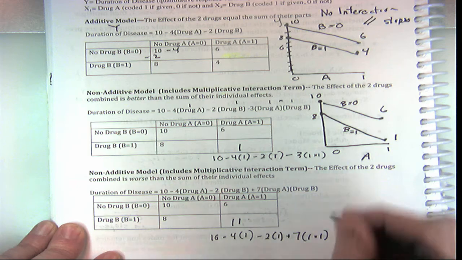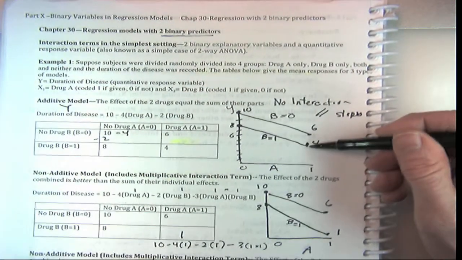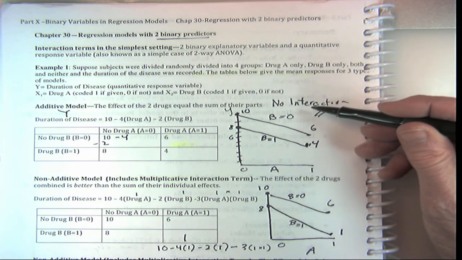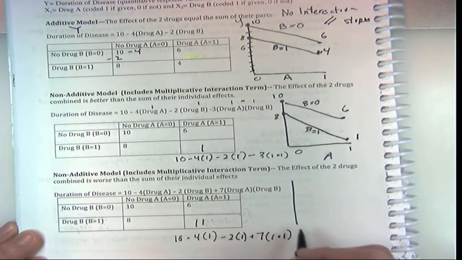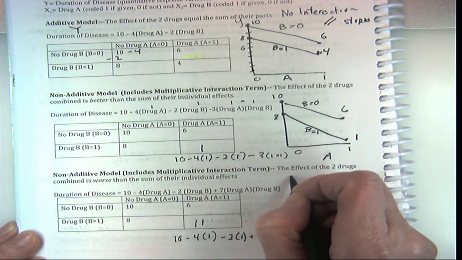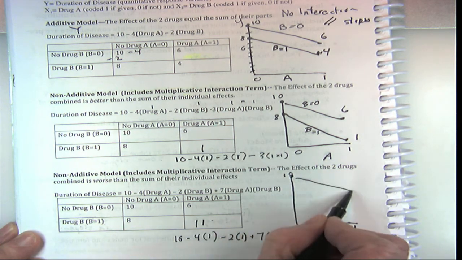Okay? So we'll draw the picture. We'll have non-parallel slopes, and when both of them are together, your disease is going to last longer. We'll go way up there. So this is all the way up to 10, and it's going to go down to 6.